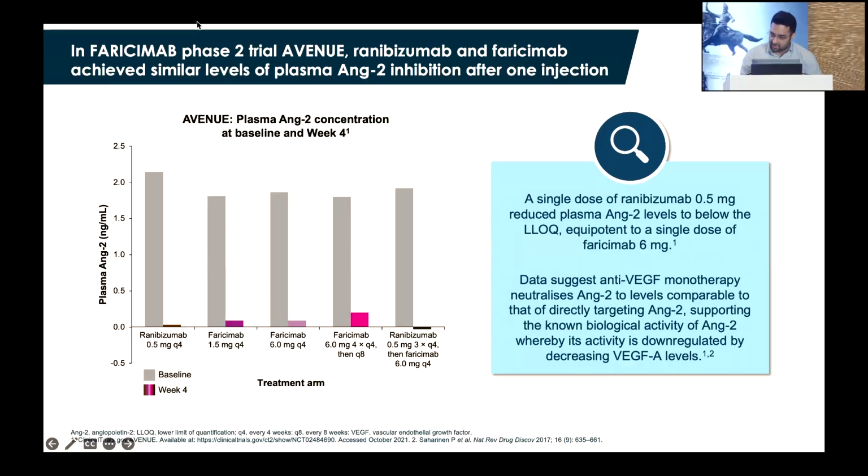A single dose of ranibizumab 0.5 mg reduced the plasma Ang2 to the lower level of quantification. So the data suggests that anti-VEGF monotherapy neutralizes Ang2 levels to levels comparable to directly targeting Ang2, supporting that Ang2 activity is downregulated by decreasing VEGF levels itself.